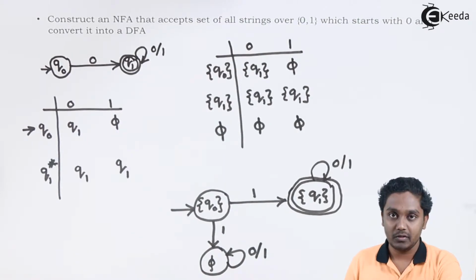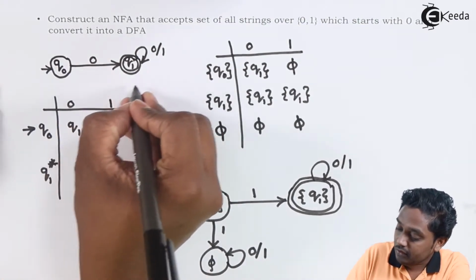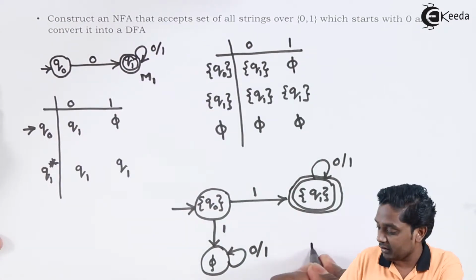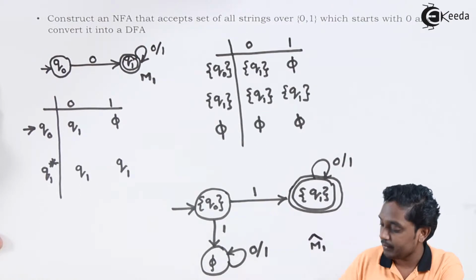Let us see the mathematical definition. Let us name this machine as M1 and let us name this machine as M cap.